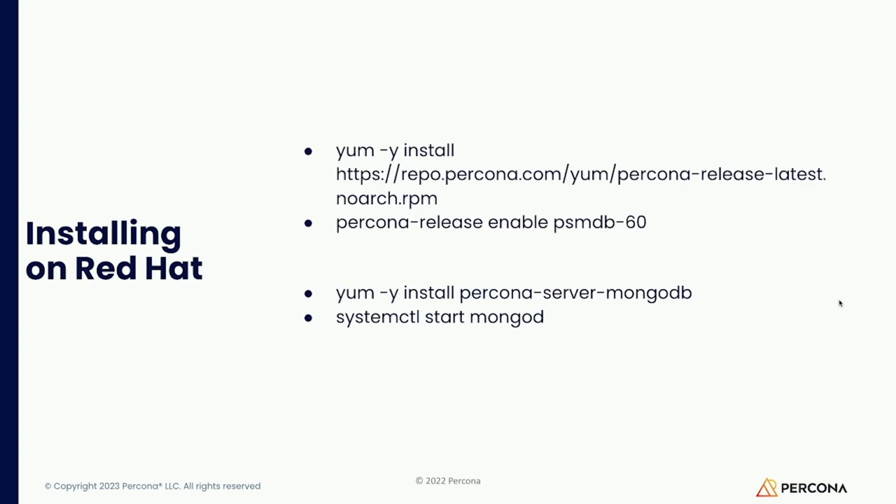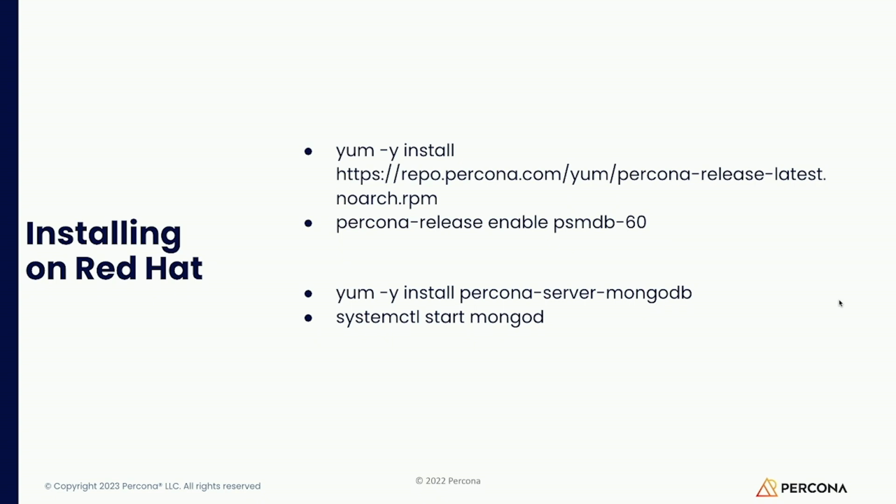So for Red Hat, which is what we have here on our tutorial instances, the instructions are pretty easy. You will need to, first of all, install the Percona repository. We're going to use the Percona version of MongoDB for this demo. So basically, you will have to run yum install and use the URL of the Percona repository.